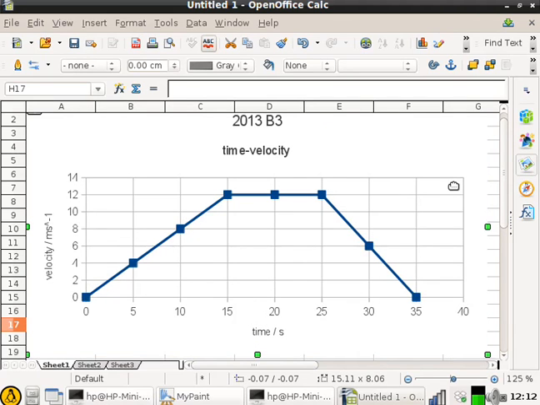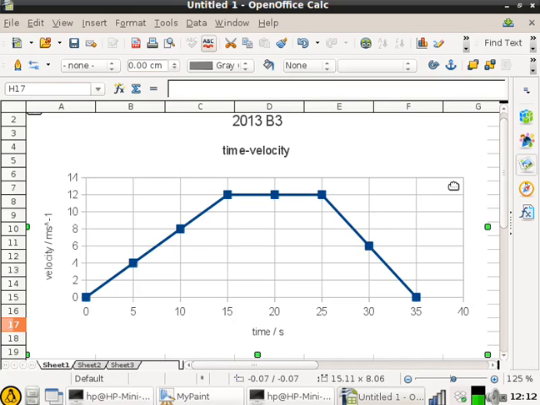Part 2, use the graph to calculate the acceleration. If I want the acceleration, what's the formula for acceleration on the graph?